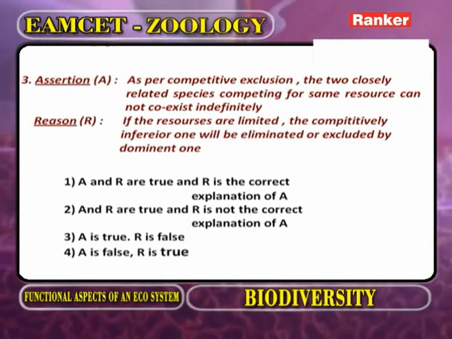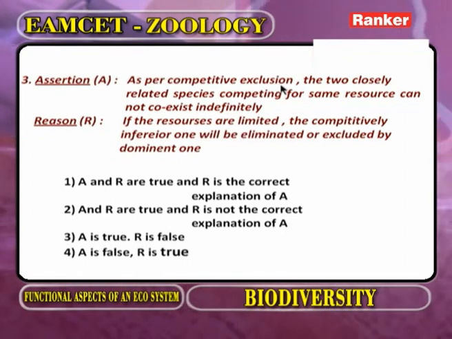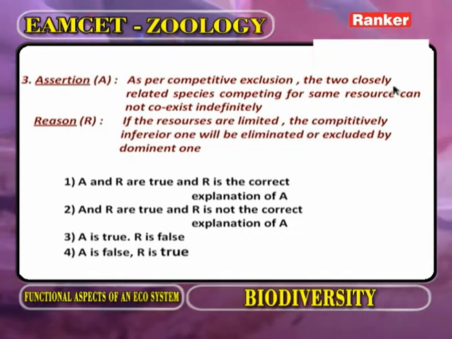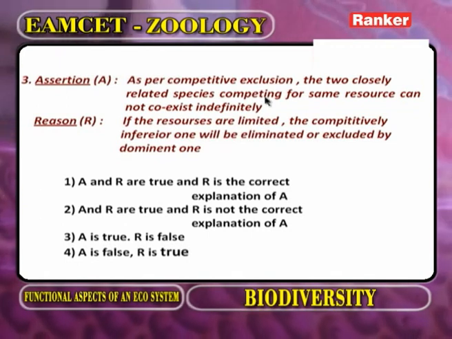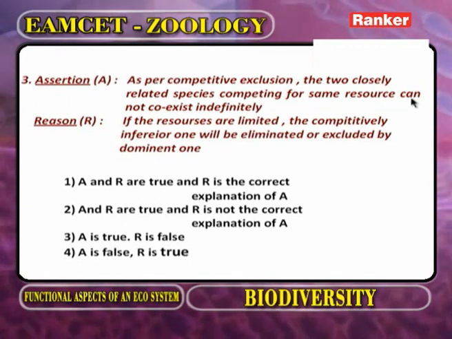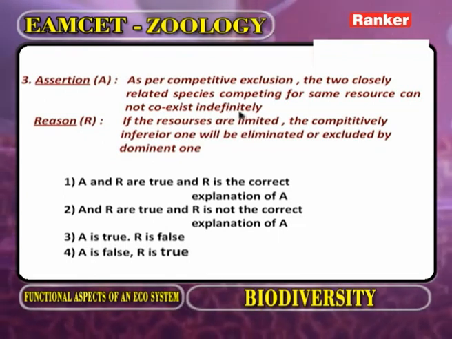Assertion. As per competitive exclusion, again repeating, as per competitive exclusion, the two closely related species competing for the same resources cannot coexist indefinitely.